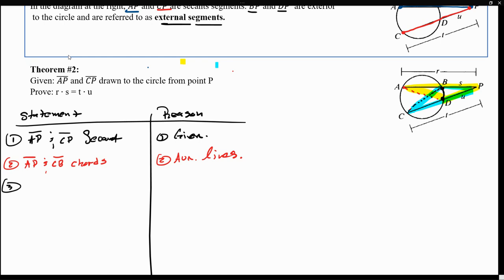So therefore, since this inscribed angle, angle A, and the inscribed angle C intersect the same arc, angle A is congruent to angle C, since they both intersect the same arc. So therefore, they're congruent to each other.